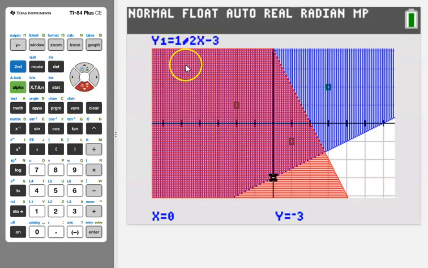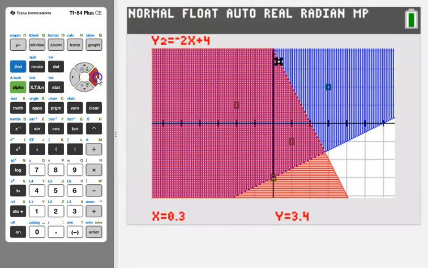So this point is on this line, and this line has an equal sign in the inequality symbol: y is greater than or equal to. So that's why it's helpful to use the down arrow to get to the other line. When you press down again, it's going to go to the last inequality, and there it is.